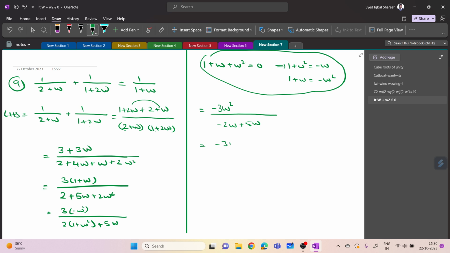So this is minus 3 omega square by 3 omega. 3, 3 get cancelled, omega to the power gets cancelled. So minus omega is left. But we want 1 by 1 plus omega. So multiplying and dividing by 1 plus omega, this is 1 plus omega, omega into 1 is omega. Minus I am keeping outside.